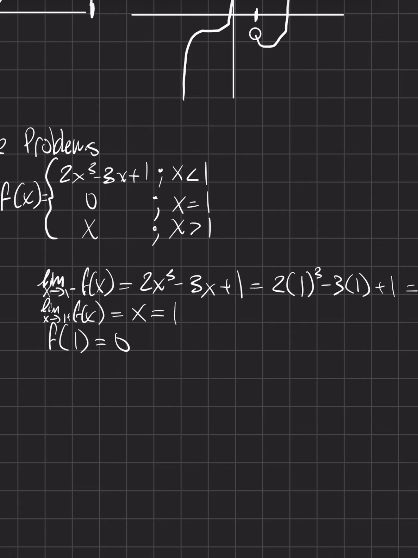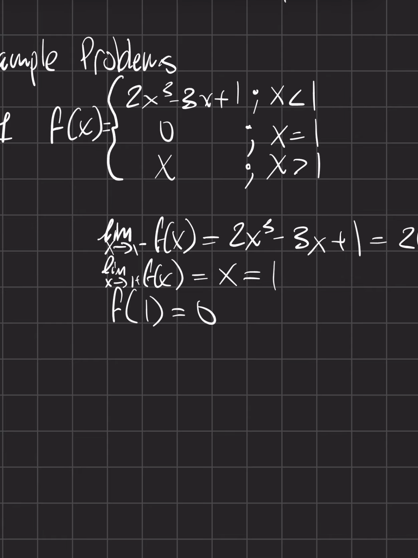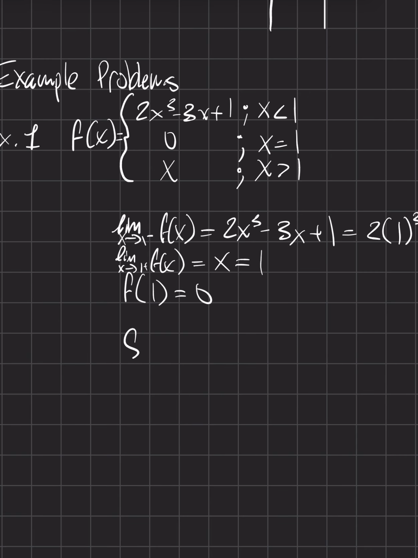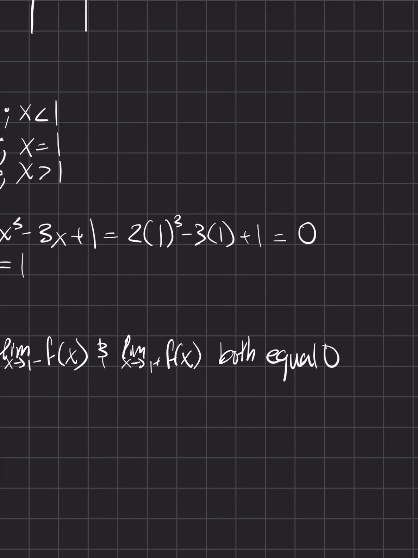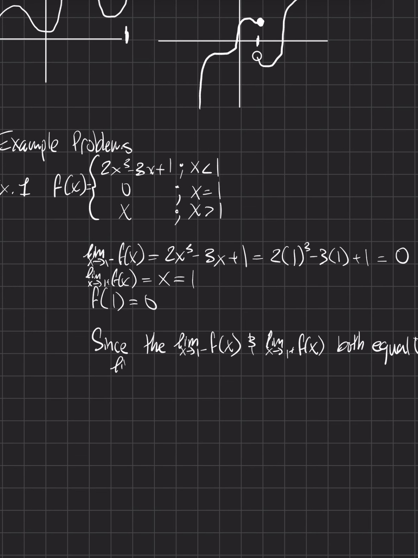So now that we have all that, we can now state, let me write this out in a sentence here: since the limit as x approaches 1 from negative infinity of f of x and the limit as x approaches 1 from positive infinity of f of x both equal 0, oh, let me add one more term here.